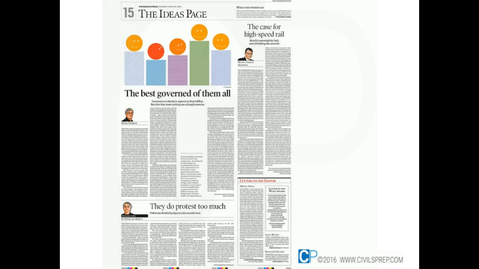Let's come to the Indian Express newspaper. A comparative index was developed across various states in the country by a Bengaluru-based NGO, the Public Affairs Centre.